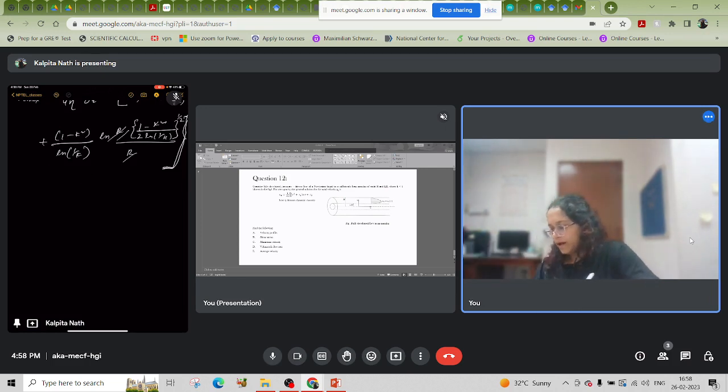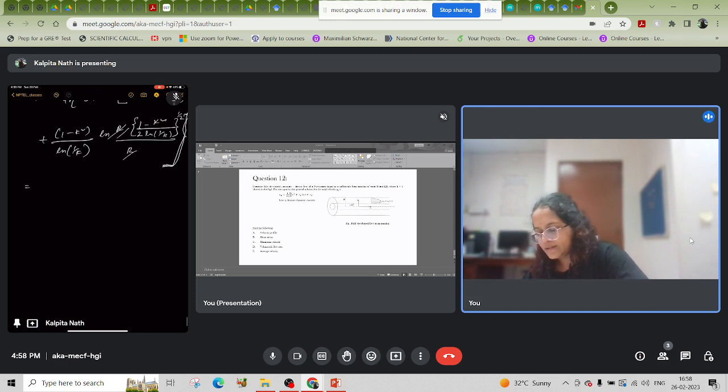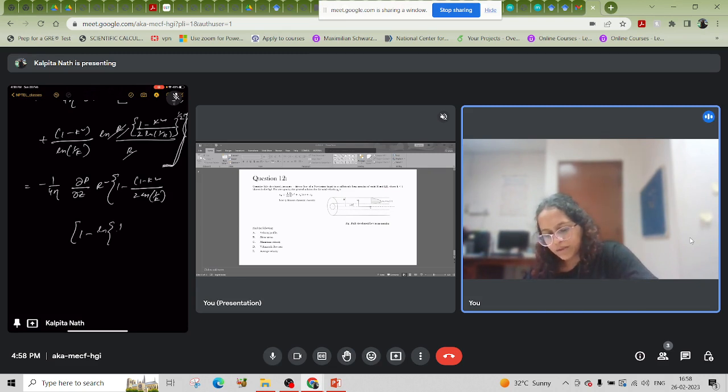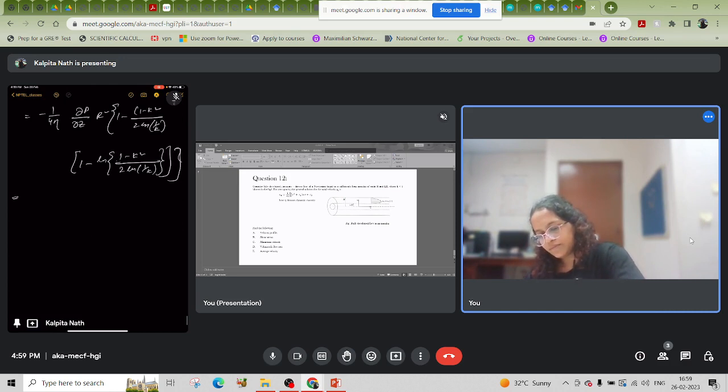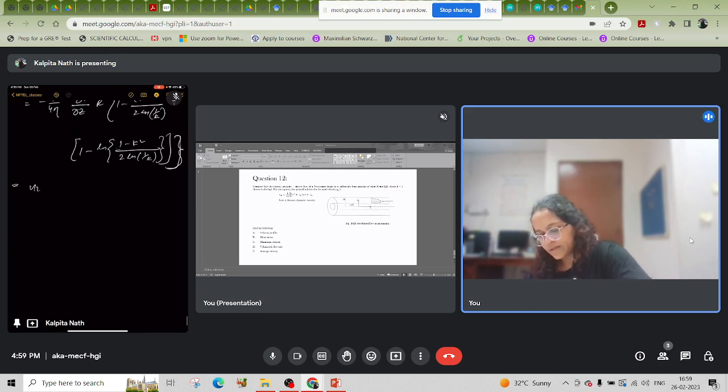After that this is minus 1 by 4 eta del p del z r square 1 minus kappa square by 2 ln 1 by kappa, then 1 minus ln 1 minus kappa square by 2 ln 1 by kappa is equal to uz max.